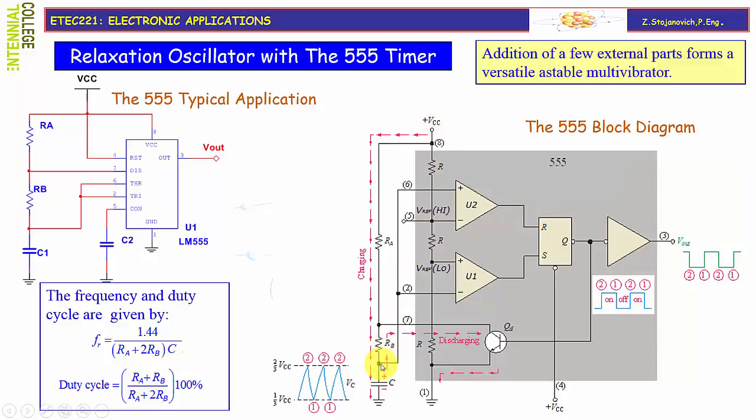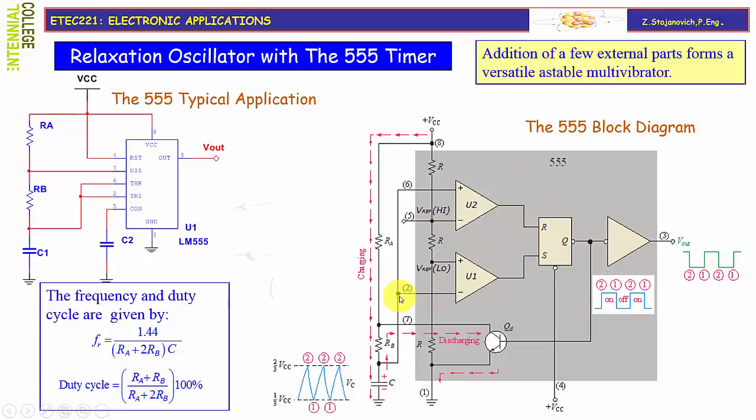Instantaneous voltage across the capacitor, call it VC, is brought to both comparators, so we are comparing this voltage with the reference voltages high and low. If voltage VC is higher than Vref high, then U2 sets output high and resets the flip-flop.